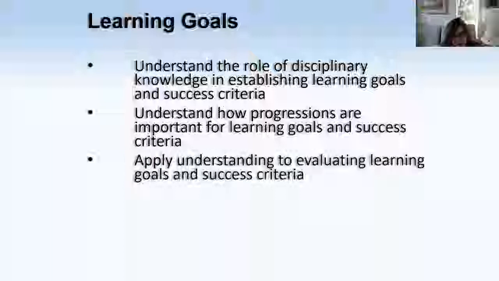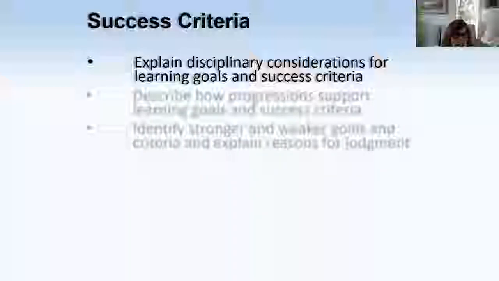And then I've put together some learning goals and success criteria, so that'll come at the end for us to think about how these stack up as learning goals and criteria in the context of what we now know about disciplinary practices and conceptual understanding. And so, of course, we need the success criteria. So your job will be to explain disciplinary considerations for learning goals and success criteria in the context of social studies.